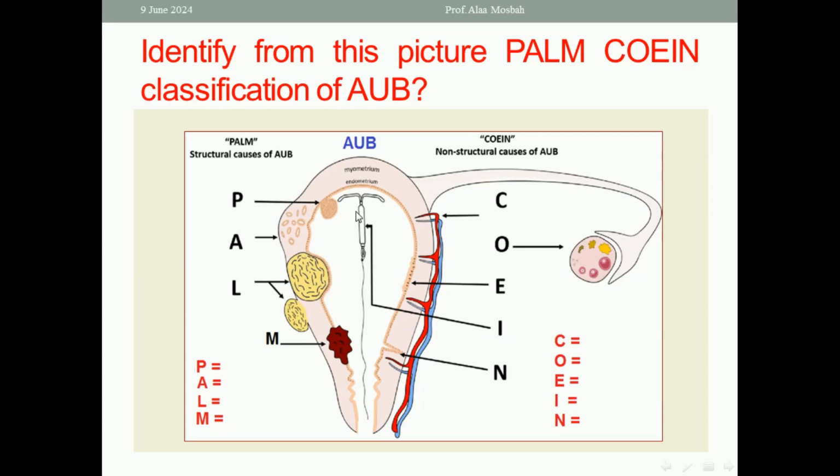I for iatrogenic, as an IUD here, N for not yet identified. Some put the deficient scar after cesarean in the not-identified causes, by the way. Okay? This is the first station.